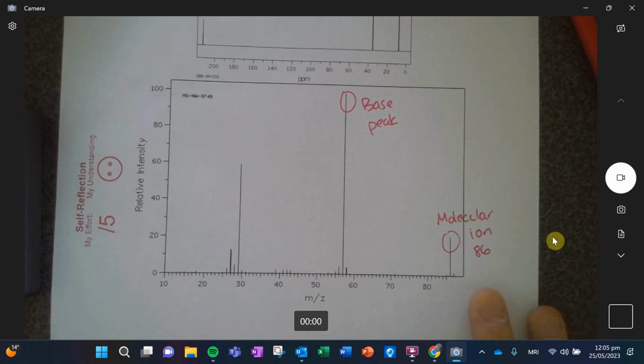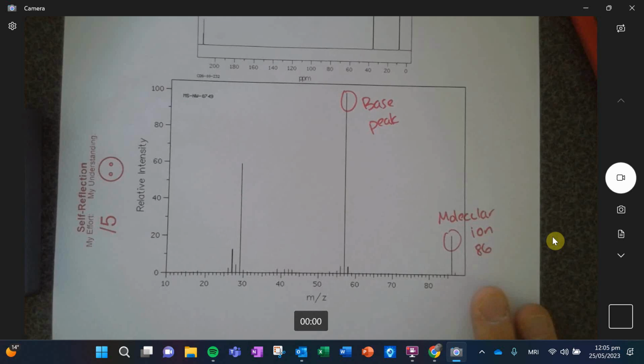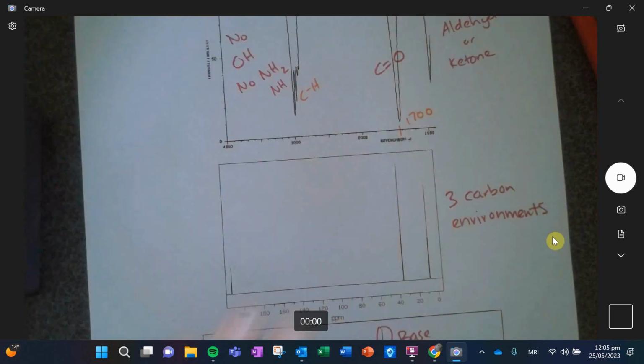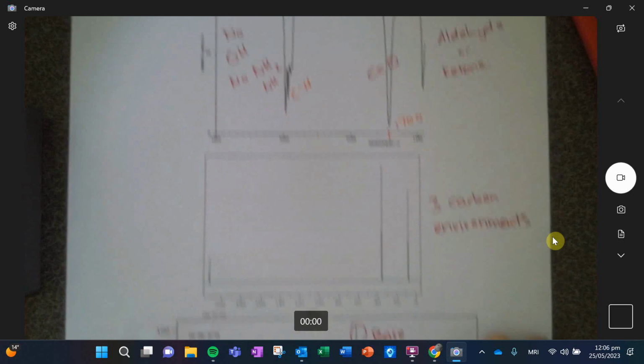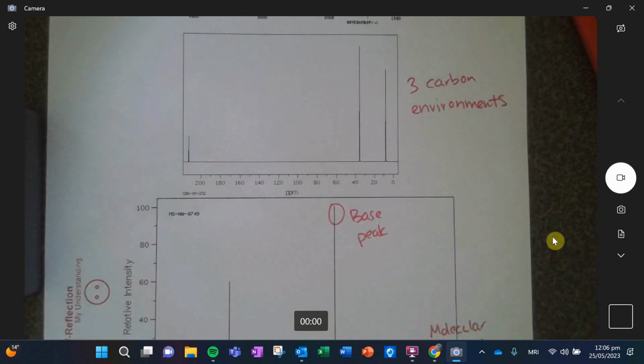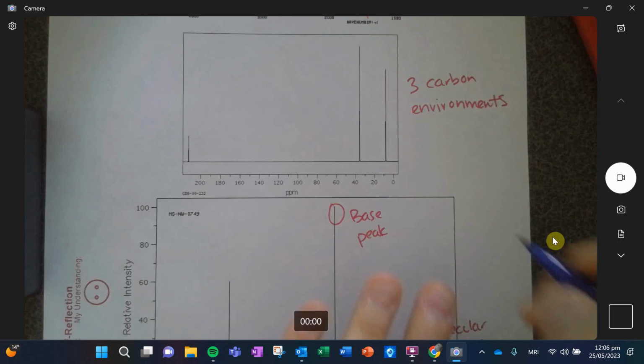So now I know that it's 86, and I want to play with this idea that I know I have a carbonyl. My personal preference when I'm trying to figure out how many carbons I have is I assume the functional group is on carbon number 1. That way I can figure out how many carbons I'm adding to it.